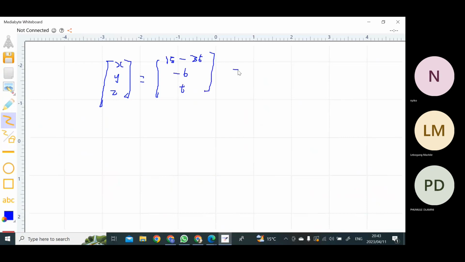Now in this equation, we can rewrite this as 15, minus 6, and 0, plus t in brackets.